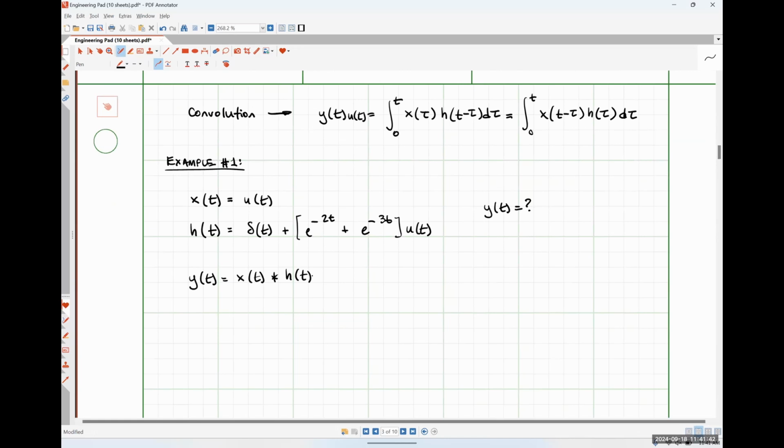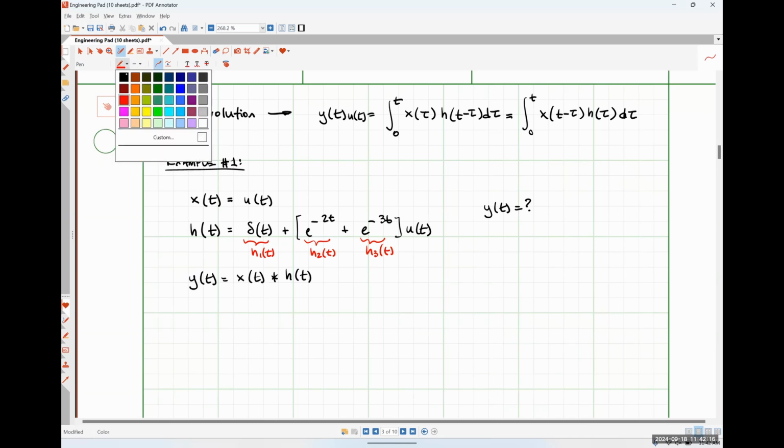But my h of t is kind of gross, so I can decompose it into three distinct impulse responses. I might call this delta function by itself h1 of t, e to the negative 2t times a unit step function h2 of t, and e to the negative 3t times a unit step function a third impulse response.